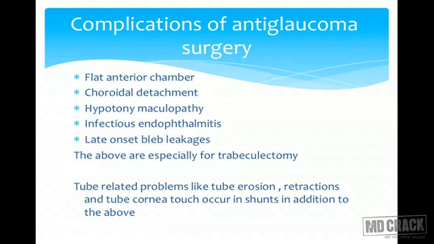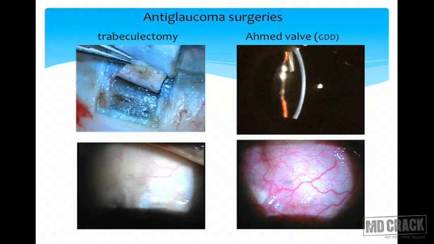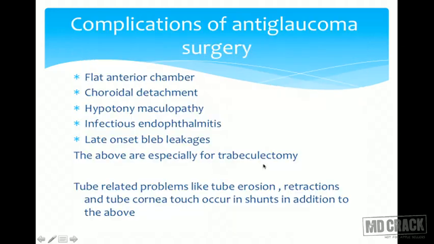Tube related problems like tube erosion, retractions, tube cornea touches, like if we go to the previous slide, if this is not placed properly, not sutured properly, this can retract back, this can touch the cornea, damage the endothelium, or this can get blocked by abnormal contents, and then this valve will stop functioning. So all these things are specific to tube implants, whereas the above complications are common for trabeculectomy.